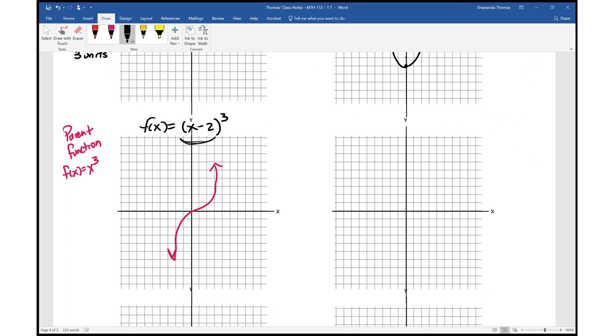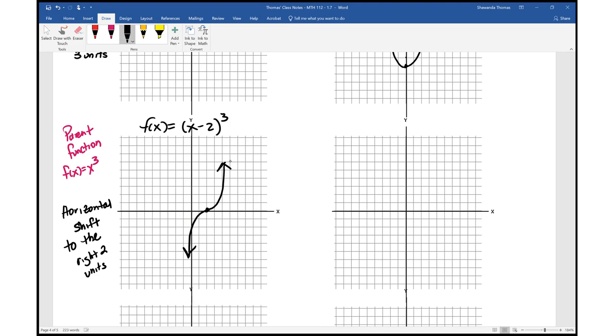This is enclosed inside of the function. Therefore, this is horizontal shifting. It goes opposite of what you think, to the right 2 units. So I'm taking that center, that's my anchor point, and I'm moving it to the right 2 units. So we're over here instead, doing the same thing. We're going to erase this one in pink.